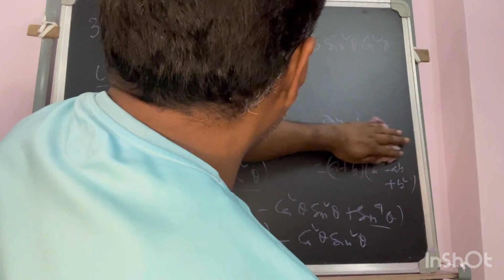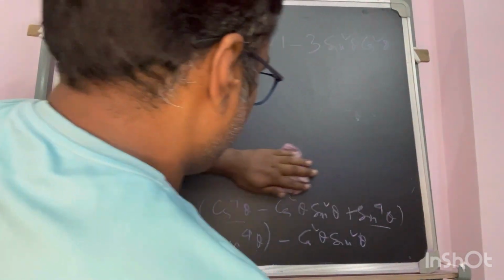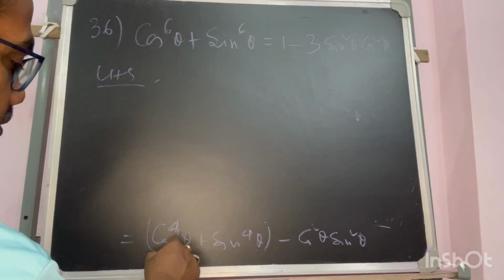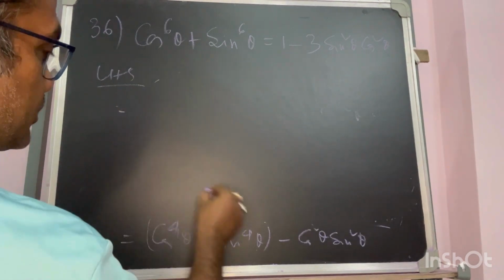So now come to the top part of the board. Now this again I will put in the same way: cos square theta whole square plus sin square theta whole square, so that is a square plus b square.